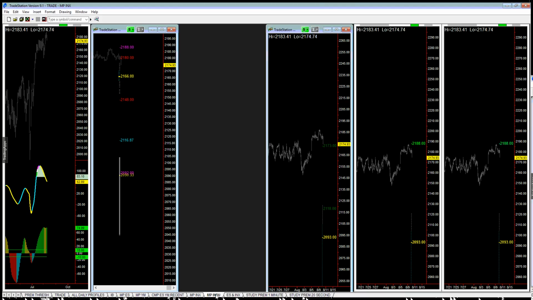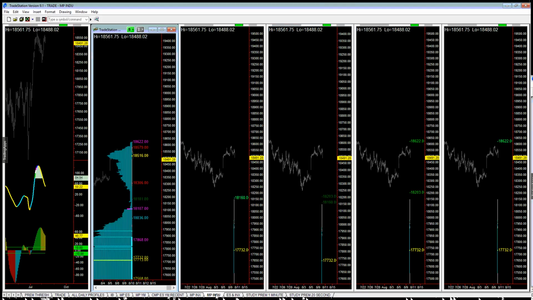And let's look at the INDU. Nothing on the radar on the INDU. All right, so we're expecting a further drop here.